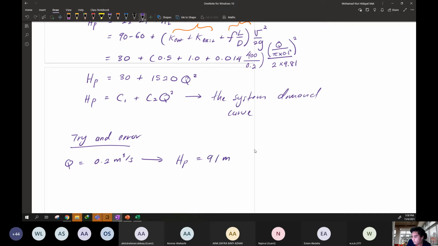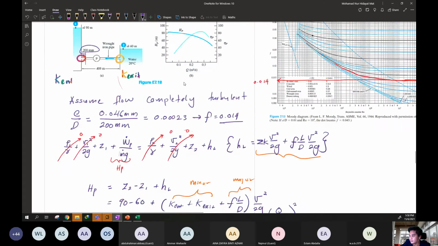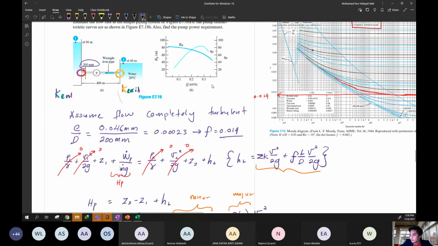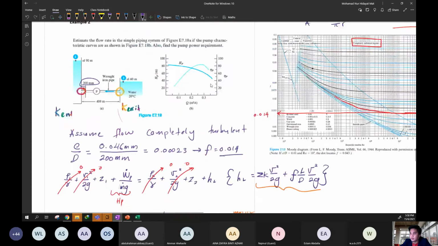But when you compare the head of pump from the chart, from this graph, at 0.2, the head of the pump should be around 75.